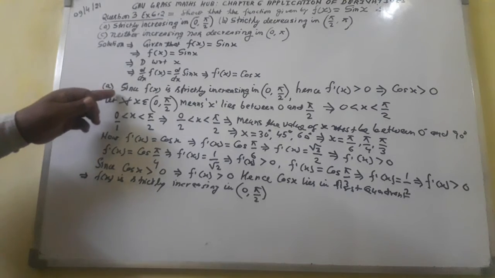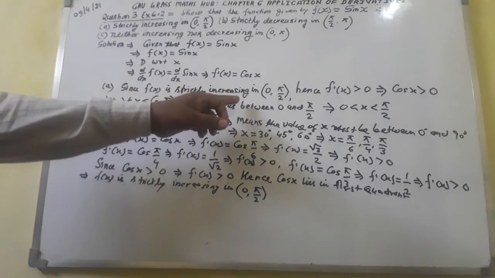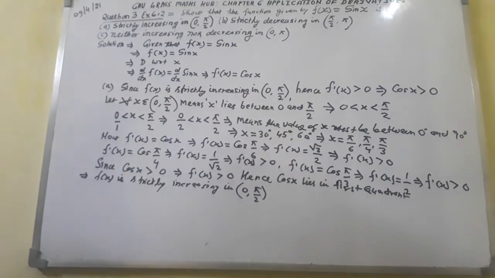Here I have written a: since f of x is strictly increasing in open interval 0, pi by 2, hence f dash of x is greater than 0, which implies that cos x is greater than 0.